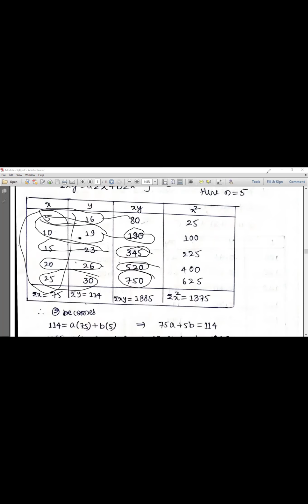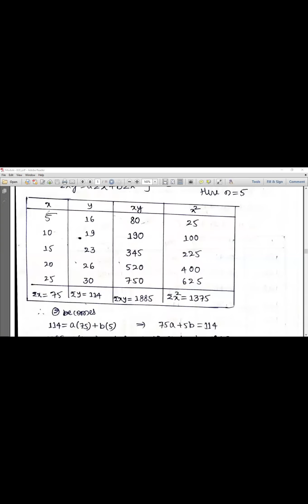So for xy, next x square I want. 5 square is 25. 10 square is 100. 15 square is 225. 20 square is 400. 25 square is 625. When you add all this, you are going to get 1375.